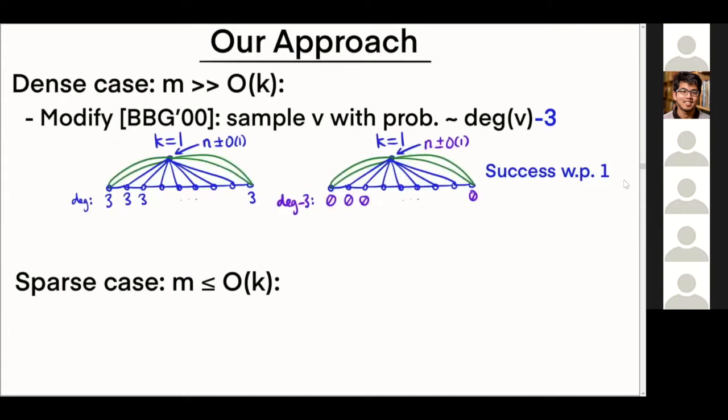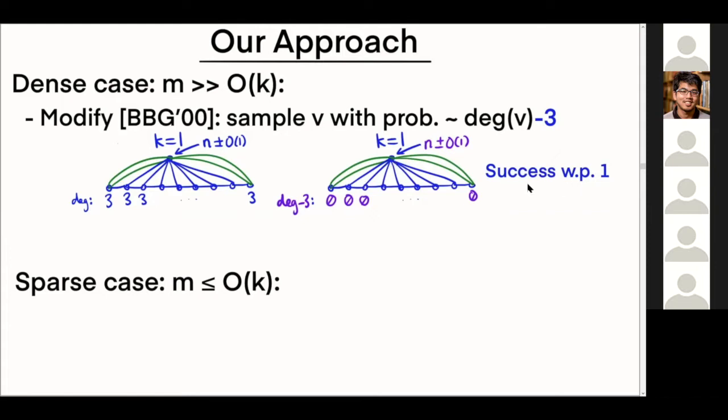Okay. And just some intuition on why this might lead to improvement. In order to improve the success probability, it must improve the success probability in the hard case for the Becker algorithm, which is this path graph with a single vertex. But in this case, since all the path vertices have degree 3, once you subtract 3 from the weighting, these have weight 0, whereas the single vertex in the feedback vertex set still has degree roughly n.